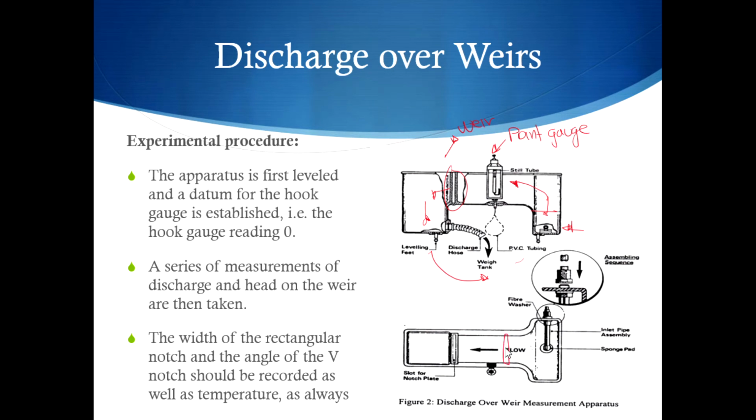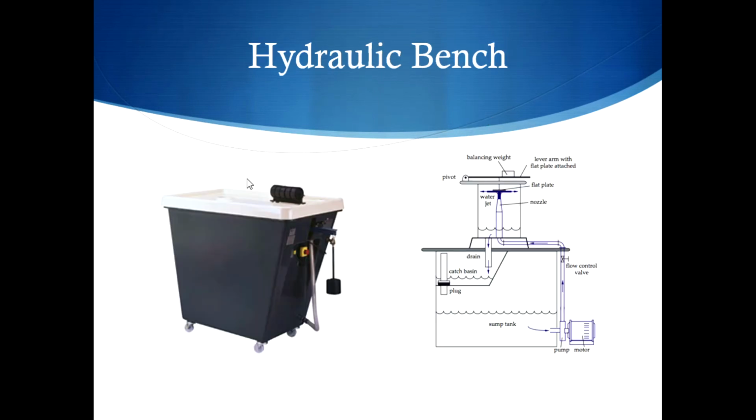located the point gauge. I don't want to go ahead, but I want to show you how more or less is the hydraulic bench. So as you can see, here is the hydraulic bench, and in here will be our open channel flow apparatus in this position. We have a pump in here.